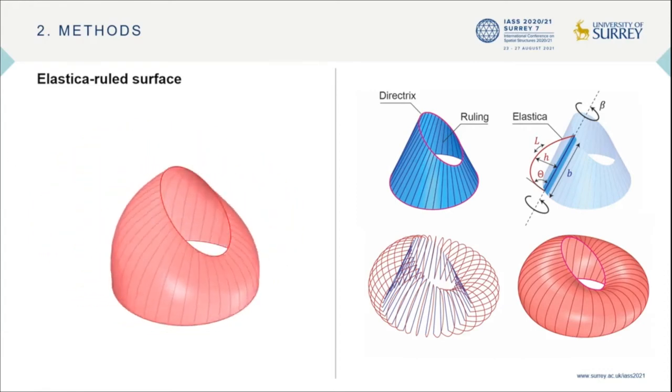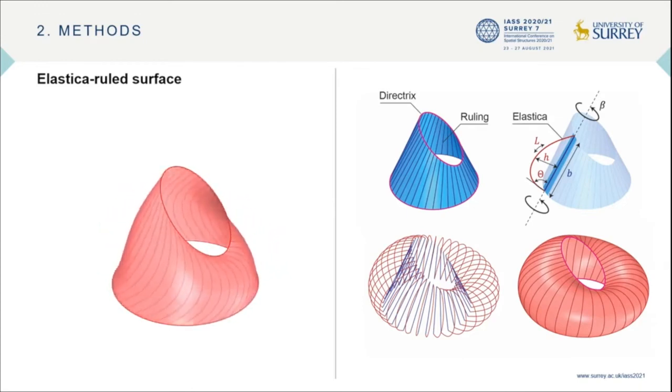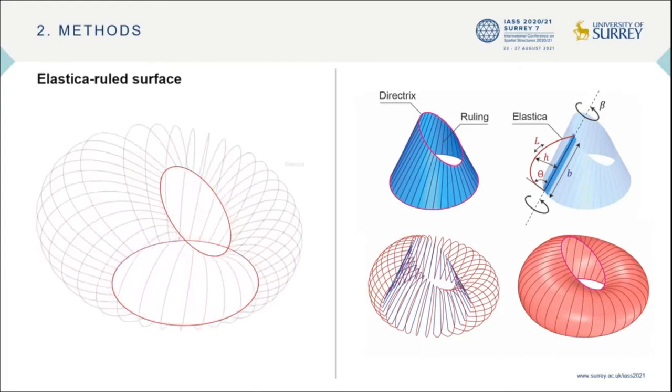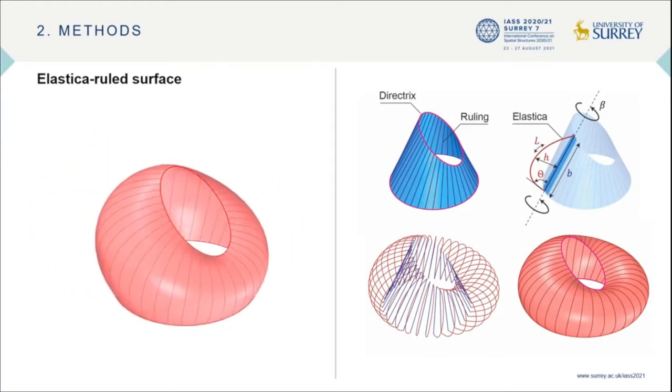The beta parameter is then introduced to control the rotation of the elastica curve around the straight ruling. Creating the elastica curve on all straight rulings generates complete curved rulings, and sweeping all curved rulings gives a continuous elastica-ruled surface.